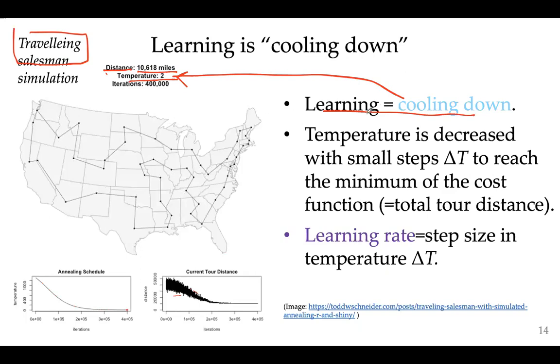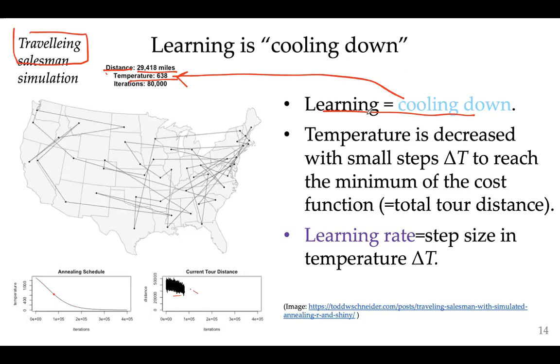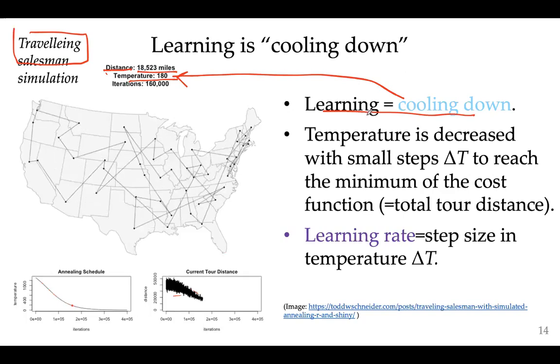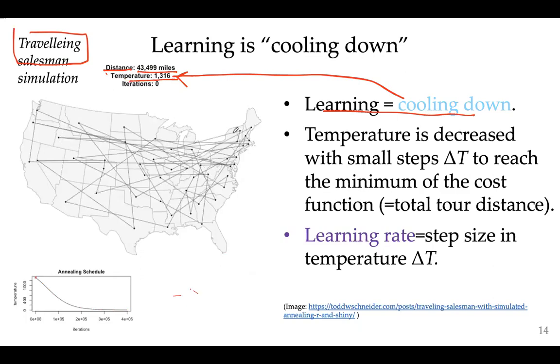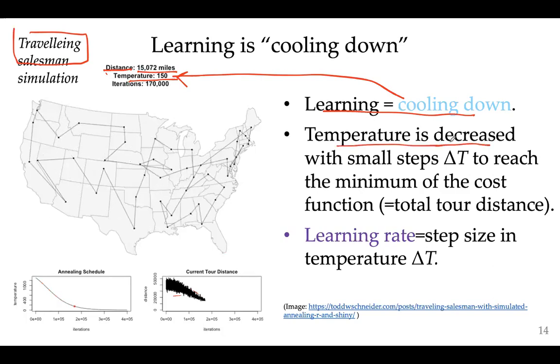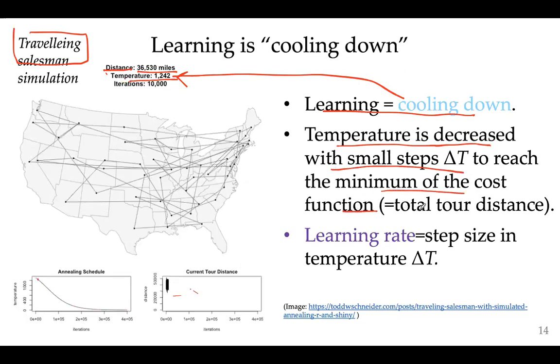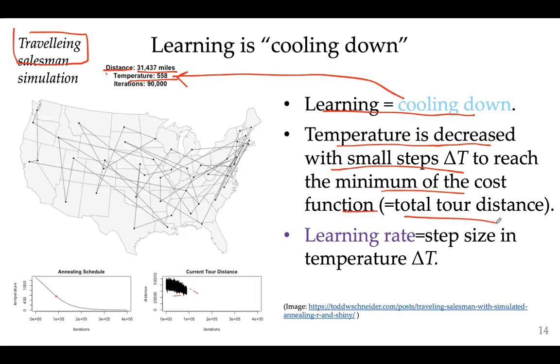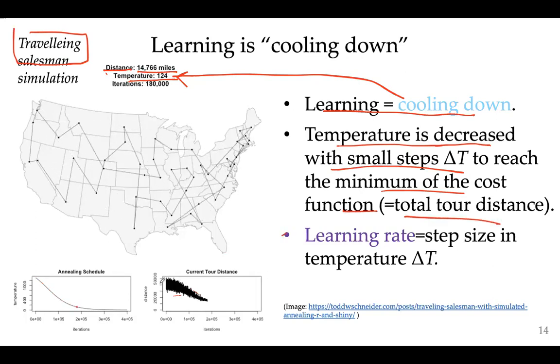As the temperature cools down, the system goes to the minimum energy state, or in this case, the minimum distance. So the system reaches the optimal state. Here, the temperature is decreased with small steps of delta t to reach the minimum of the cost function. The cost function is the total tour distance here, this one.